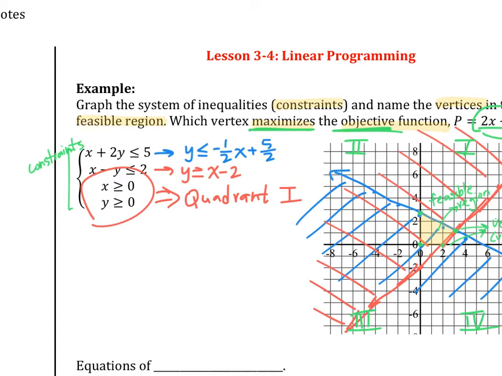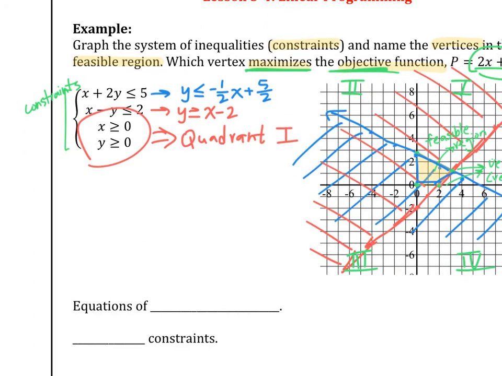So how do you pick? This region is quite big. You got so many numbers in there. Which pair is going to give you the maximum number? Well, it only depends on the vertices. The vertices are the only ones that are possible to give you a maximum or minimum. So we're only going to check the vertices.